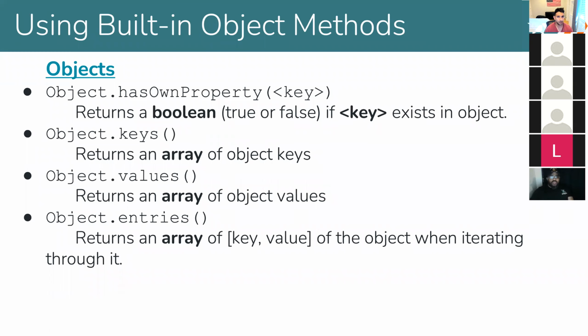All right. Do we have any questions about the built-in object methods? Again, you're not expected to have these memorized. You can always refer to the documentation or these slides if you forget how any of these work. So these last three are a little particular. You have to say object.keys, .values, or .entries, and then pass the object that you wish to check.